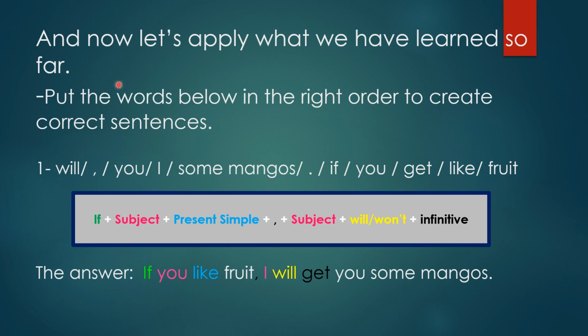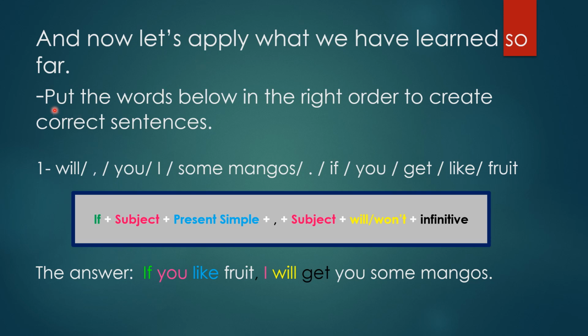Alright, let's apply what you have learned so far. What we have done so far is how to use if clause type 1 correctly in a sentence based on the form that we have already memorized, which is divided into two parts. The first one is the if clause and the second one is the main clause.